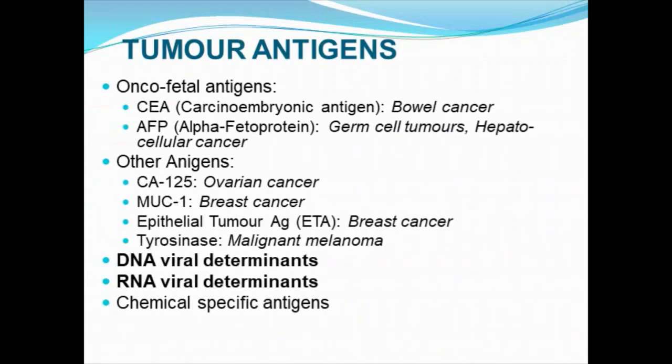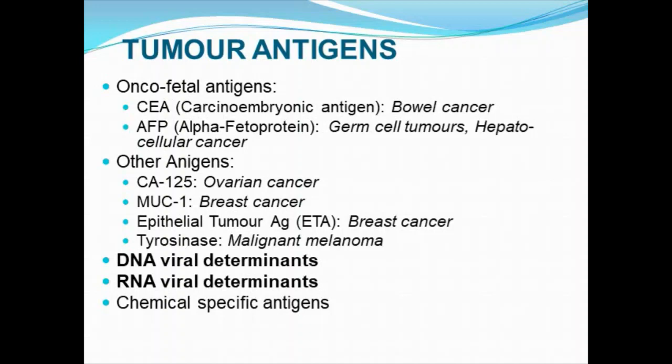So there are many tumor antigens like the oncofetal antigen CEA, which is involved in bowel cancer, AFP involved in germ cell tumors and hepatocellular cancer, other antigens like CA125 in ovarian cancer, MUC1 in breast cancer, and so on. But we have the DNA viral determinants and the RNA viral determinants.